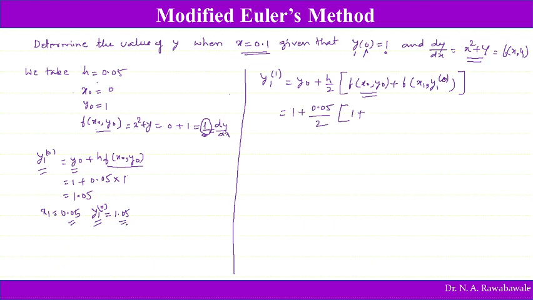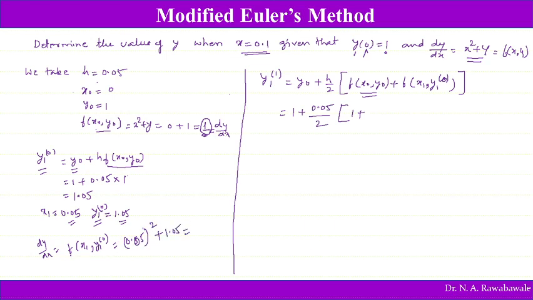If we substitute these values in this equation dy by dx, that is f of x1 comma y1 of 0, the x value is 0.05, so 0.05 square plus the y value 1.05.